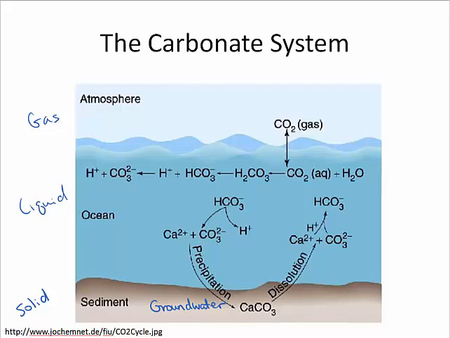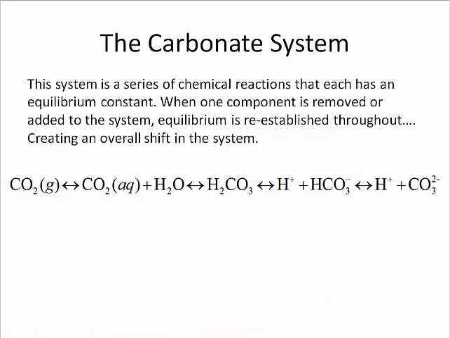And when we do that, we change the concentration of the carbonate ion, which shifts the concentration of the bicarbonate ion, which also drives the solubility of CO2. So it is important that you can draw the carbonate cycle and understand when one component is removed and added to the system, how equilibrium is reestablished.